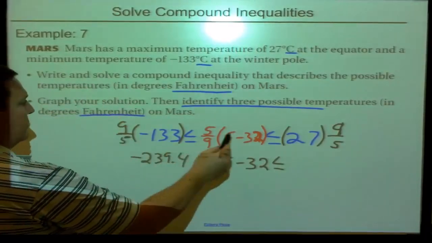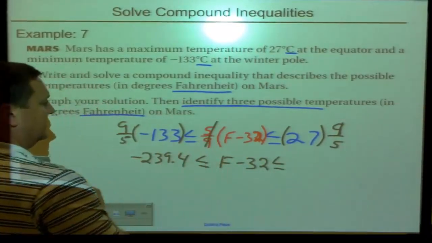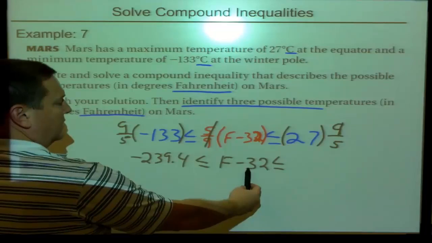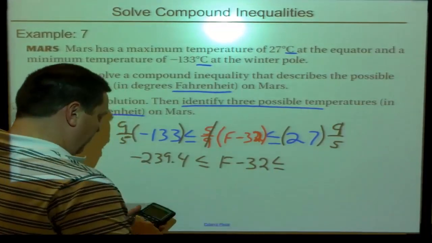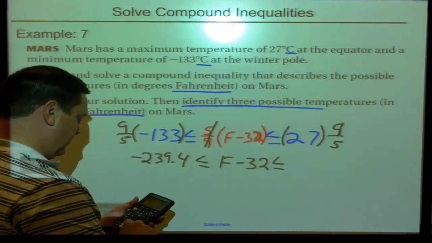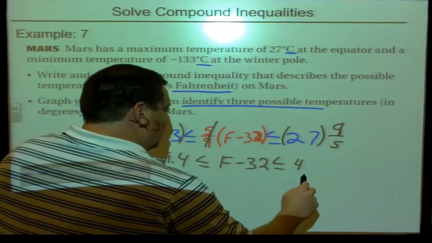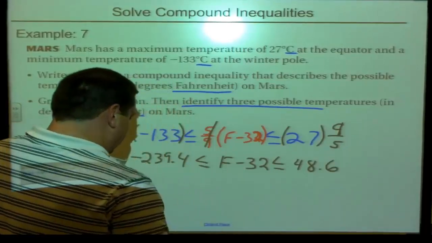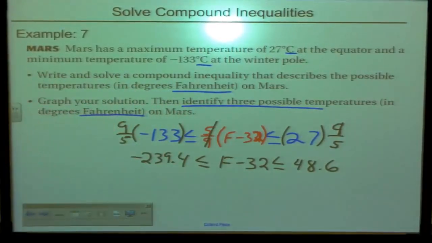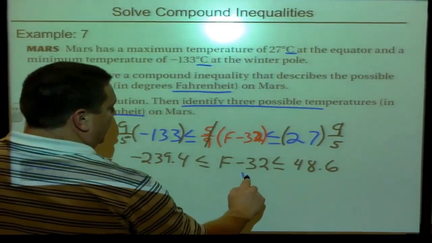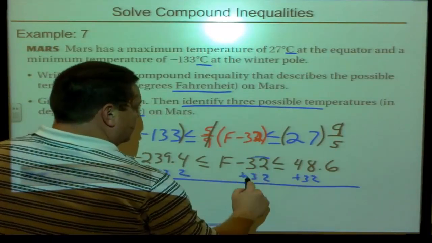So remember, when I multiply by the reciprocal on both sides, it eliminates this. But I still have a minus 32 in the middle, and I got to multiply this by 1.8, so 27 times 1.8 gives us 48.6 degrees.